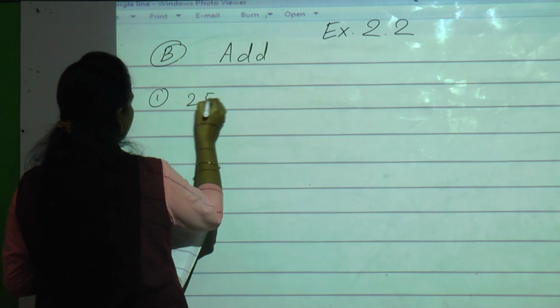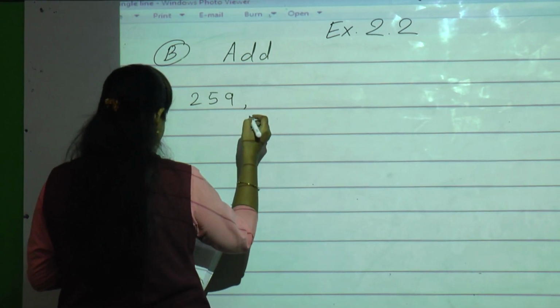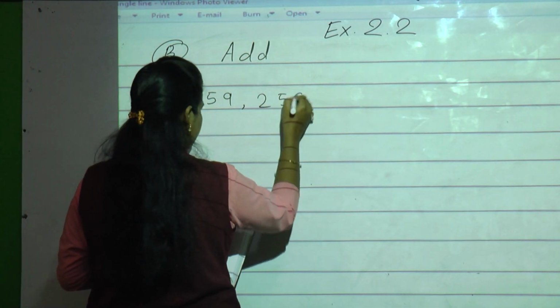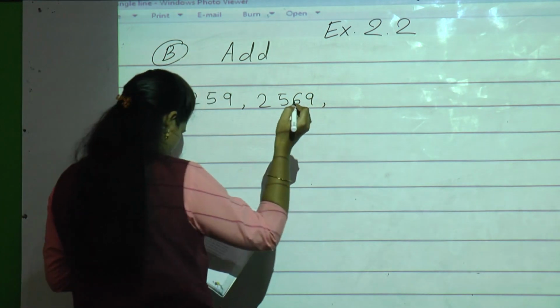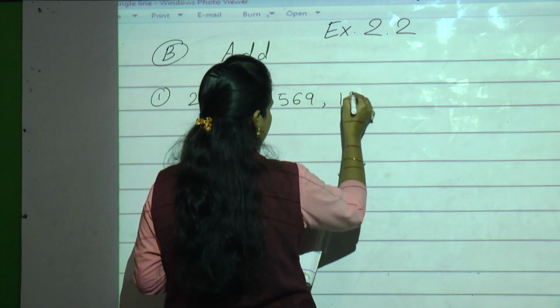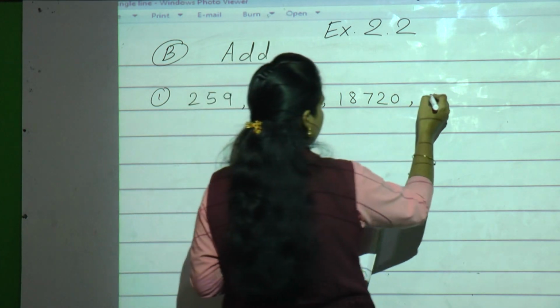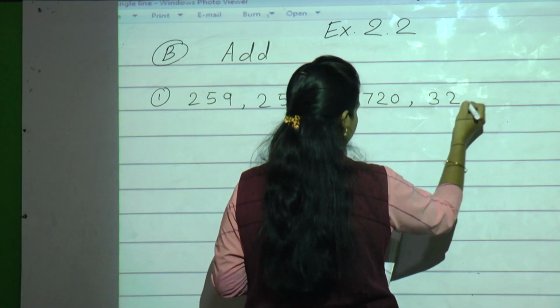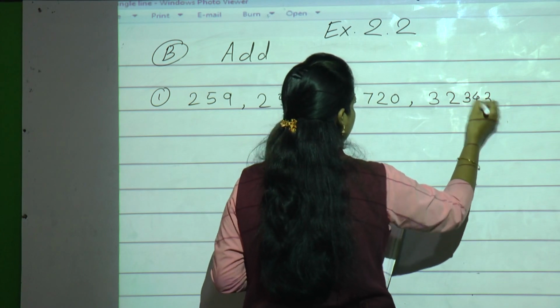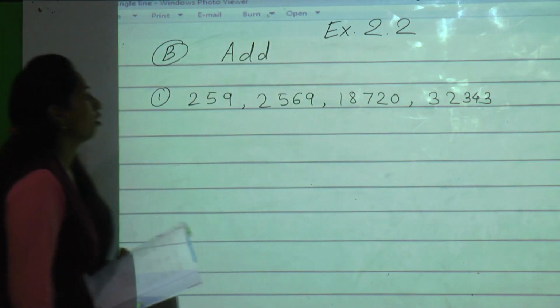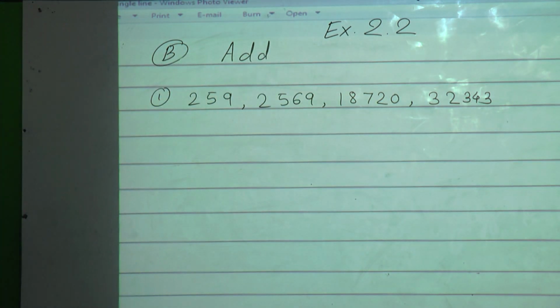That given 259, comma, 2569, comma, 18,720, comma, 32,343. See, 4 different numbers they had given.